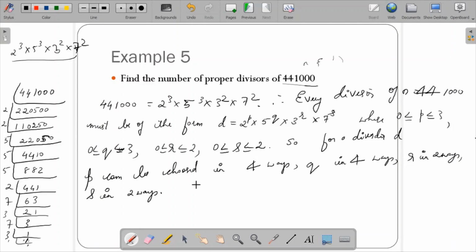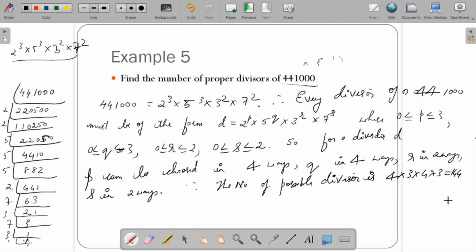Therefore the number of possible D's, D being the divisors, is the number of divisors, that is 4 into 3 into 4 into 3, which is equal to 144.